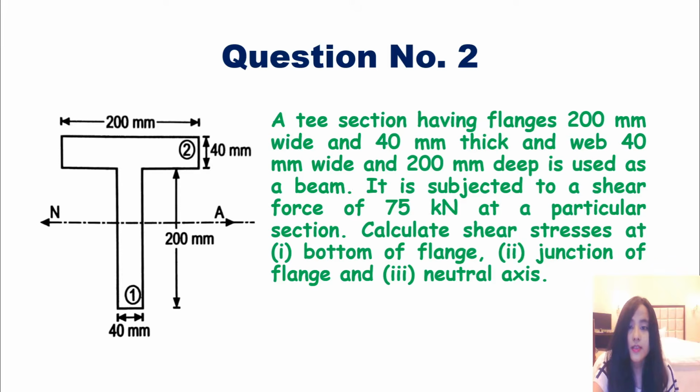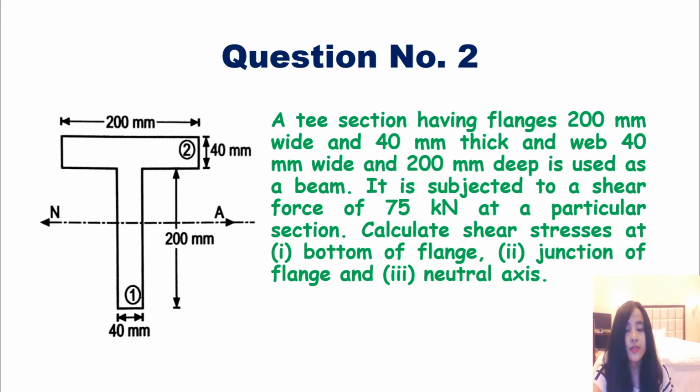So as you can see, this is a T section, and T section comes under unsymmetrical section. So let us read its statement. A T section having flanges 200 mm wide and 40 mm thick and web 40 mm wide and 200 mm deep is used as a beam. It is subjected to a shear force of 75 kN at a particular section.